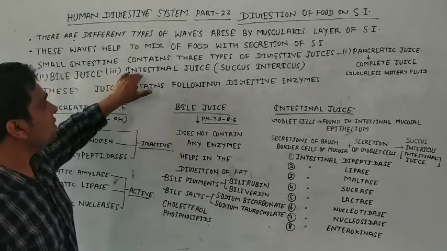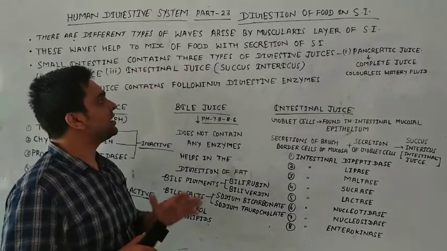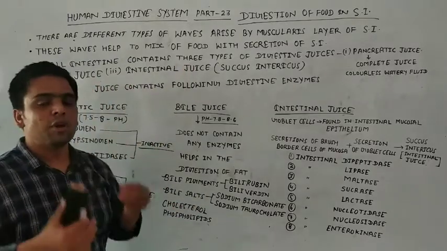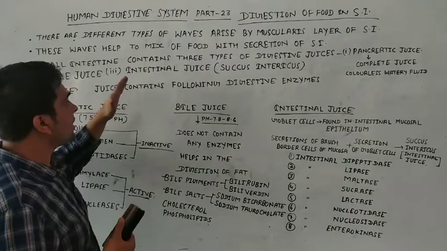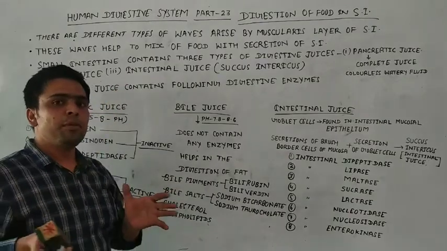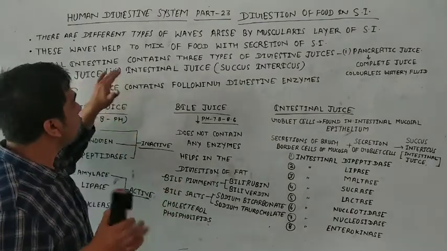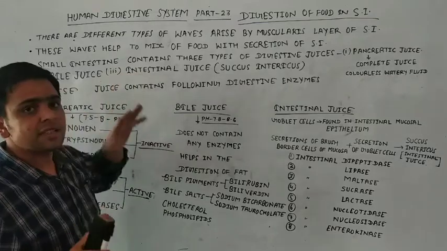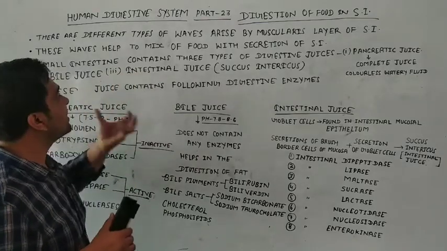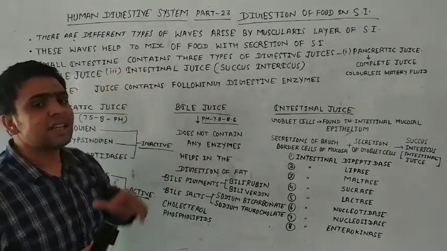The third type of juice is known as intestinal juice. Students, our small intestine and large intestine contain mucous layers, and these mucosal layers contain many types of glands, and through these glands many types of juices are secreted.